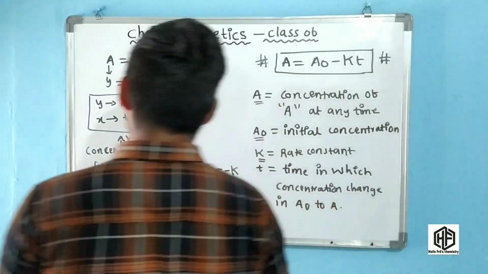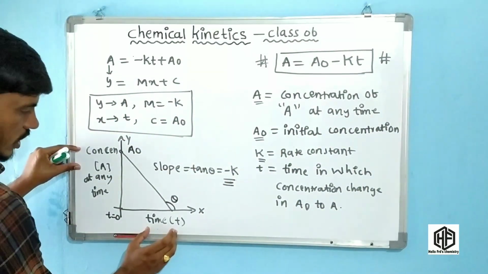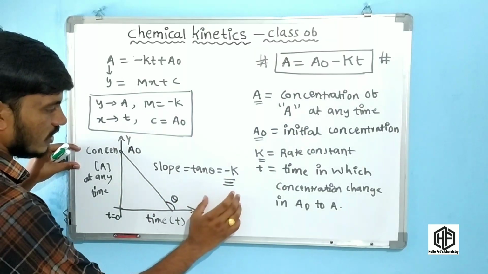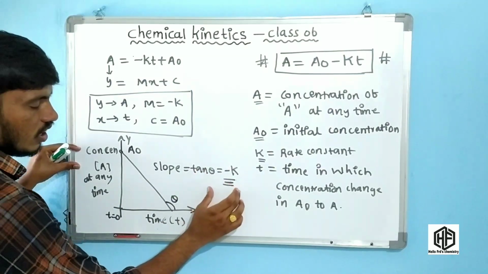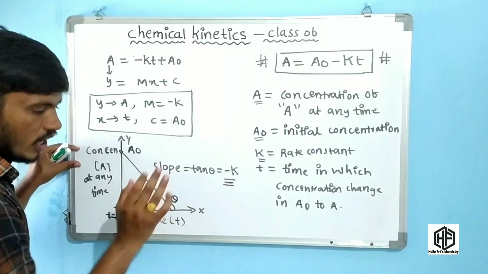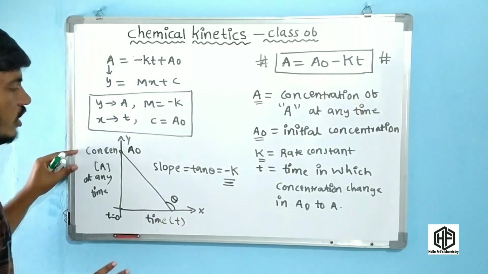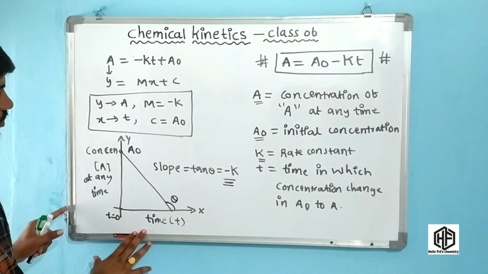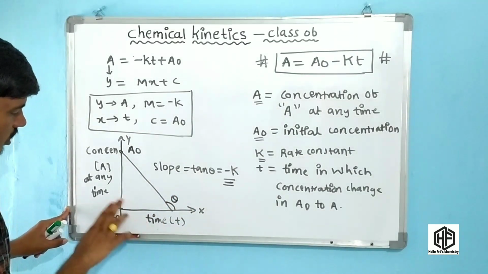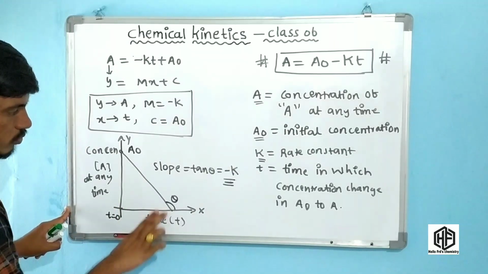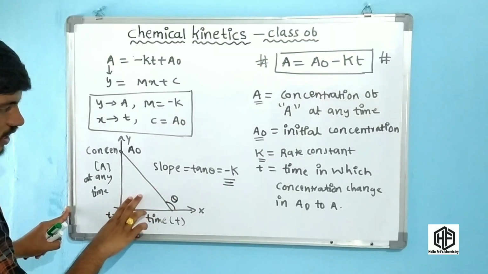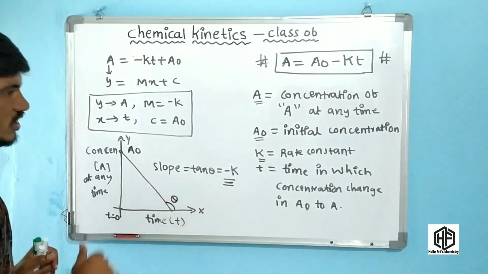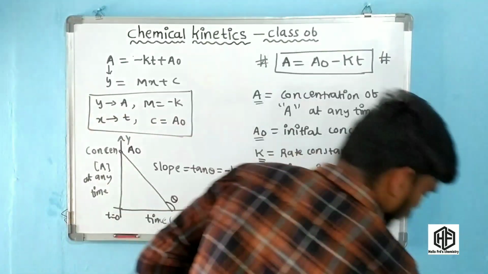Zero order reaction: concentration versus time is a straight line with negative slope. This is a very important point. This is the graph of the zero order reaction, concentration versus time. The slope is negative, minus k. This is clear, friends.